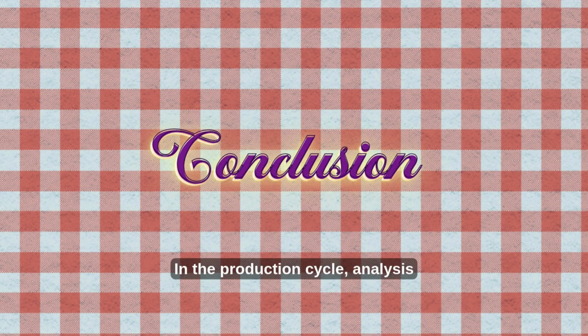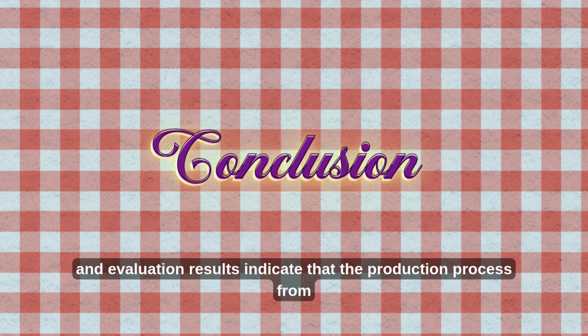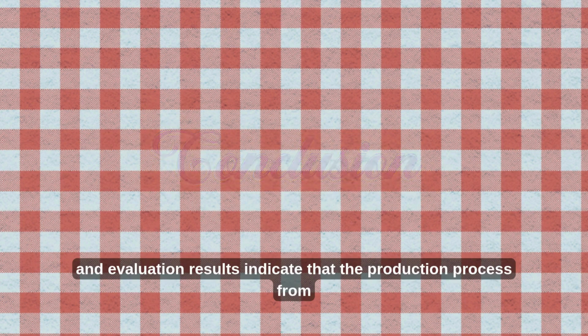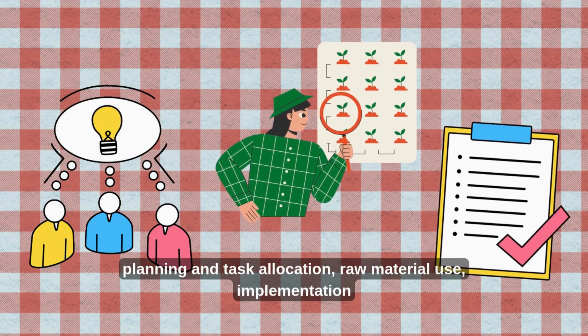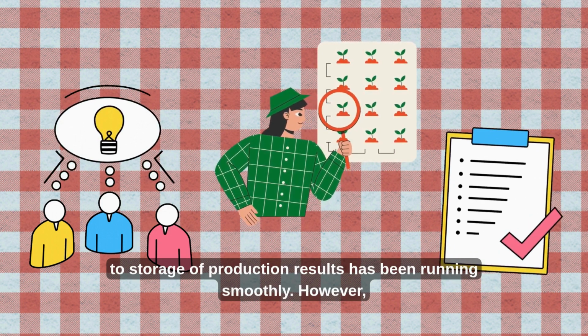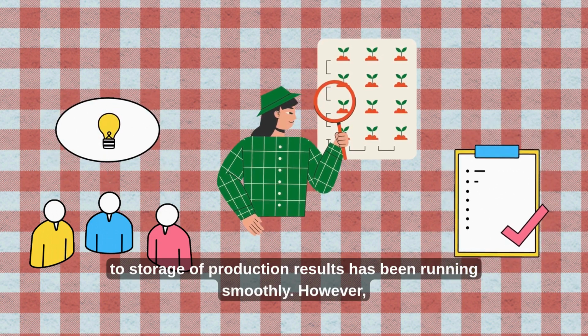In the production cycle, analysis and evaluation results indicate that the production process, from planning and task allocation, raw material use, and implementation, to storage of production results, has been running smoothly.